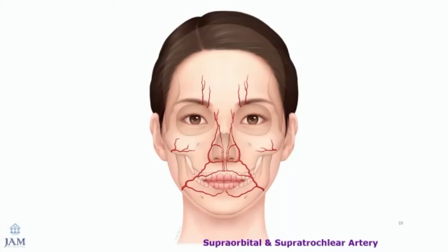For the supraorbital artery, the landmark point is the medial limbus, and the medial canthus is for the supratrochlear artery, right?